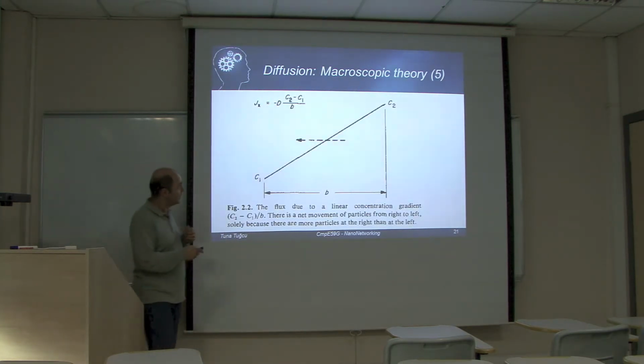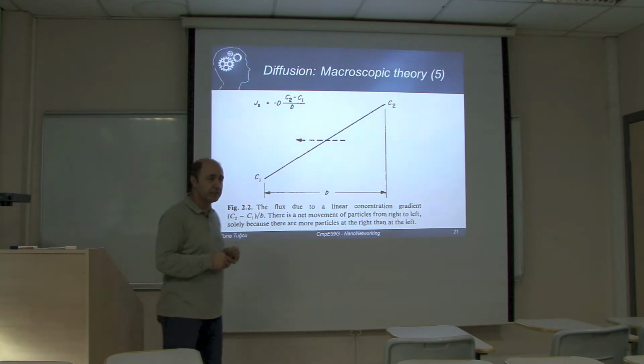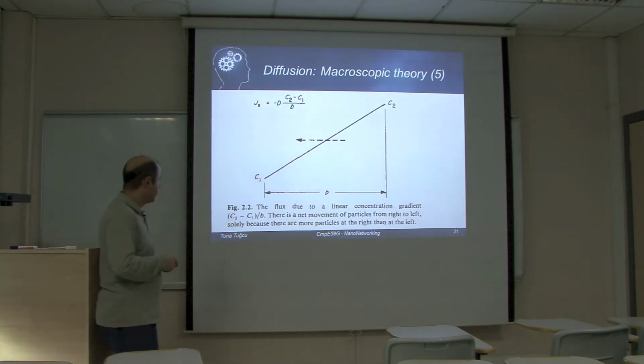So this is explaining that concentration slope. So the flux due to a linear concentration gradient is (C2 minus C1) over some distance b. So there's a net movement of particles from right to left, solely because there are more particles at the right compared to the left, because C2 is higher than C1.